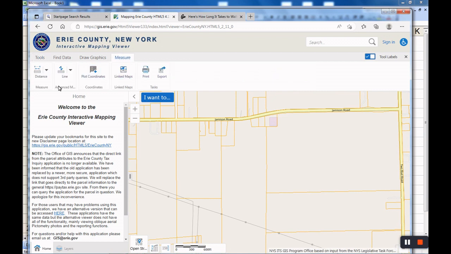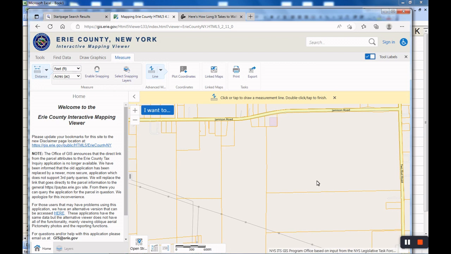So you do measure, you do line, you put a line, another line, double click, double click. So the distance of these lines is 2,203 feet. So this is not where we are at. I just wanted to show you how to do that.